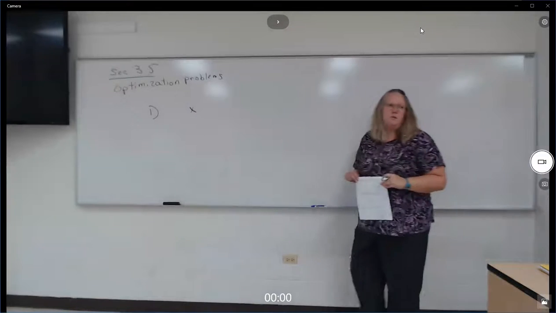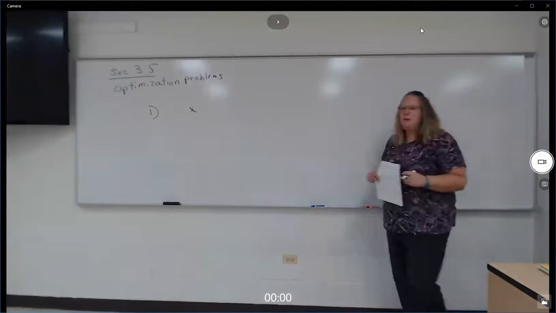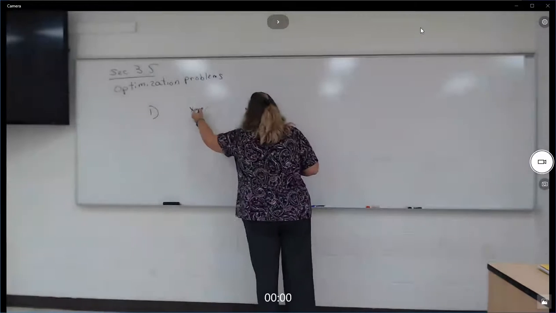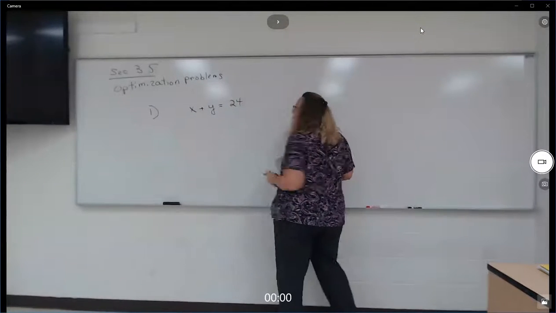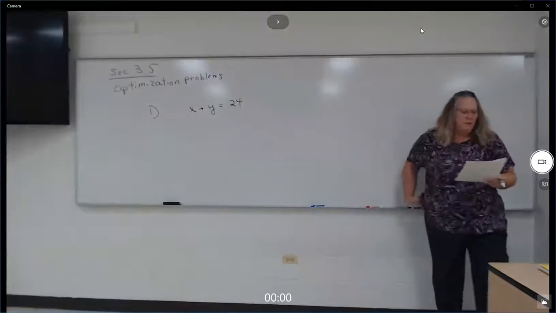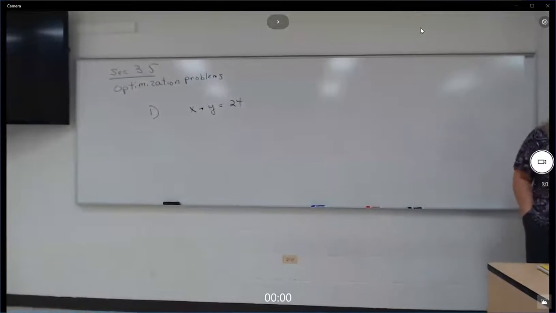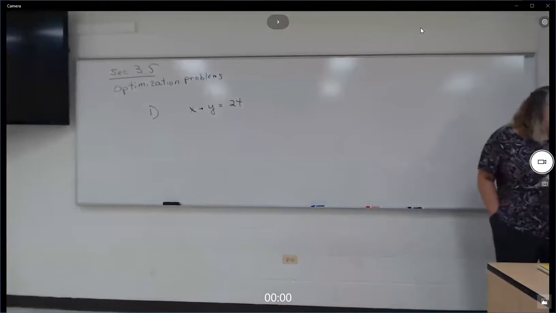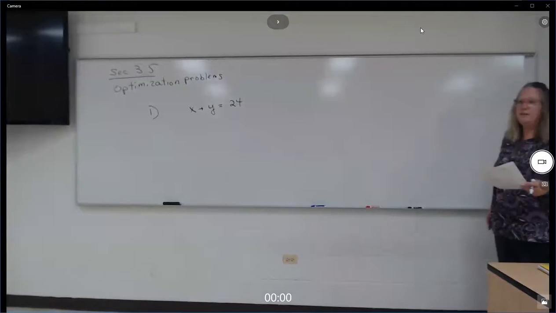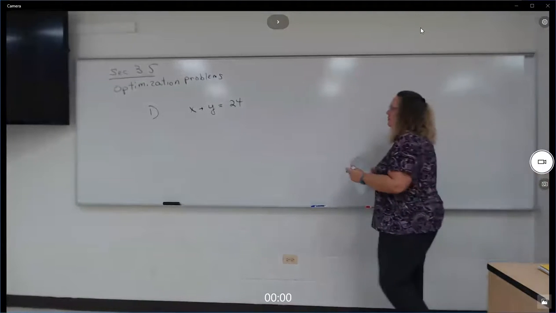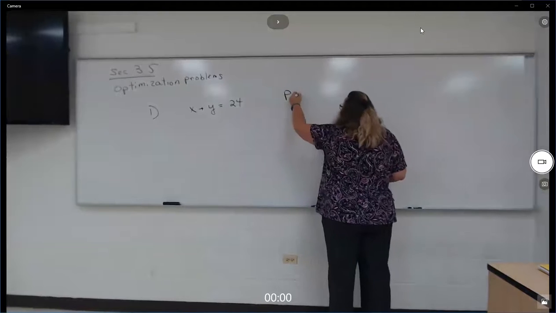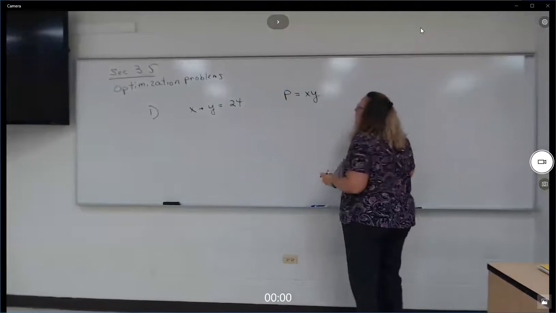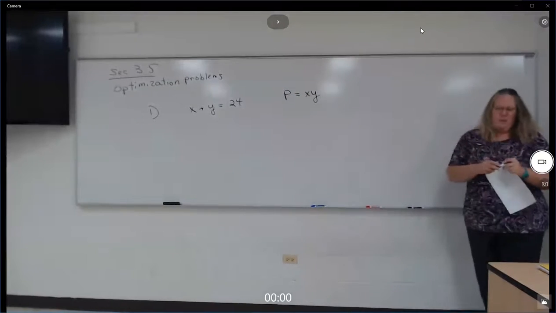Sum means to add, so x plus y has to equal 24. But their product, we want it as big as possible. So the product, x times y, we want that answer as big as possible.